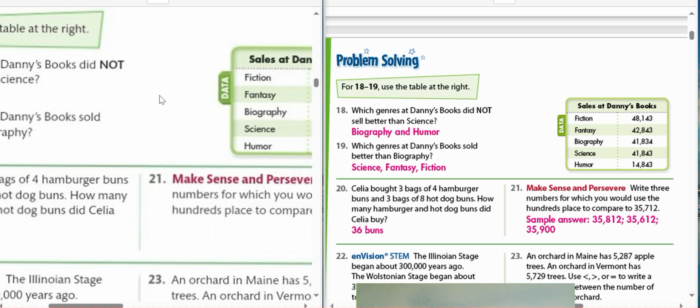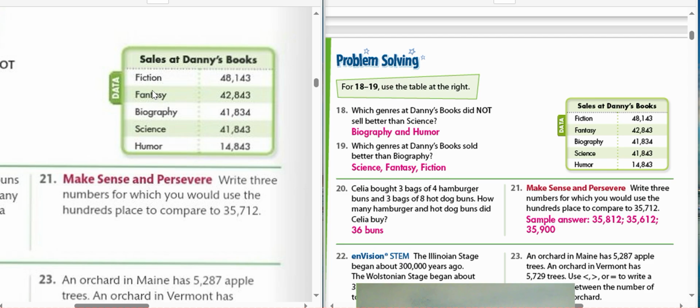Fiction, fantasy, biography, autobiography, science, humor. He asked about better than science. Which is better than science? We can choose biography, greater than, or equal, is better than. Not still better than science.